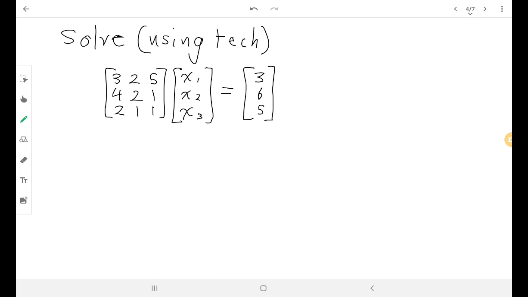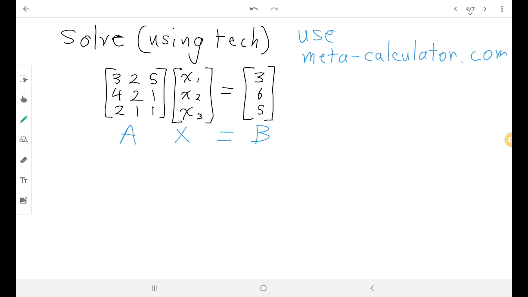Well, let's talk about using technology. Again, it will give you a matrix calculator in Edgenuity, but you can also use meta-calculator.com for this. And this works the exact same way. I've got A times X equals, let's call it B this time.